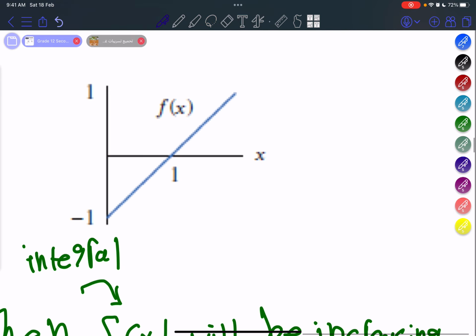And finally here, there's an increase, but at exactly 1, we see it shifts from being under the x-axis to above the x-axis. Hence, the graph starting from 0 should be decreasing. Let's just make it more clear. It will be decreasing until 1, and then it will start to increase. And this is for our first initial condition.